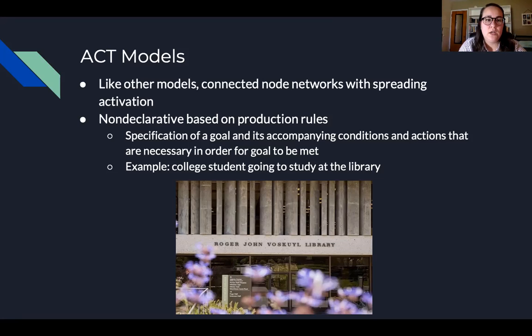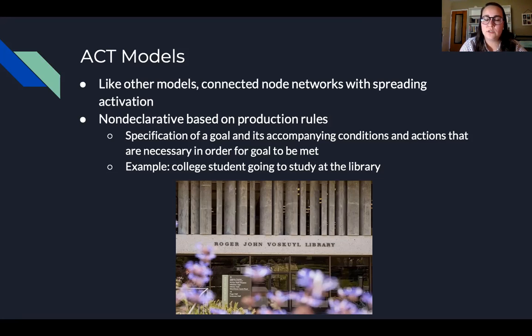And so Anderson's belief was that there are different kinds of nodes that exist within declarative memory. And in terms of procedural memory, his idea was that information is represented and stored based on production rules.